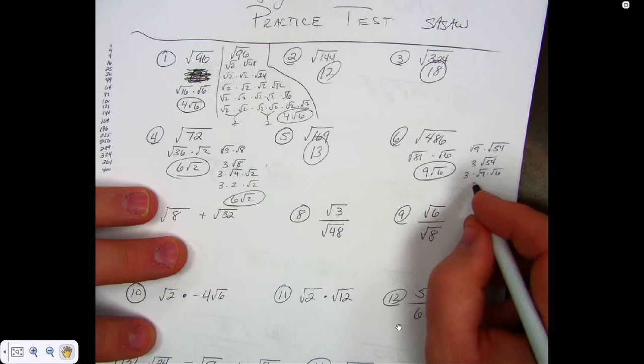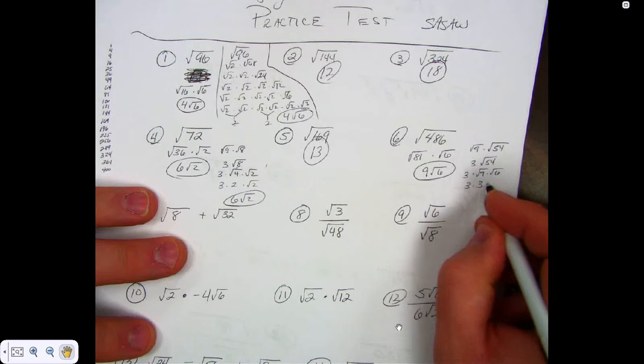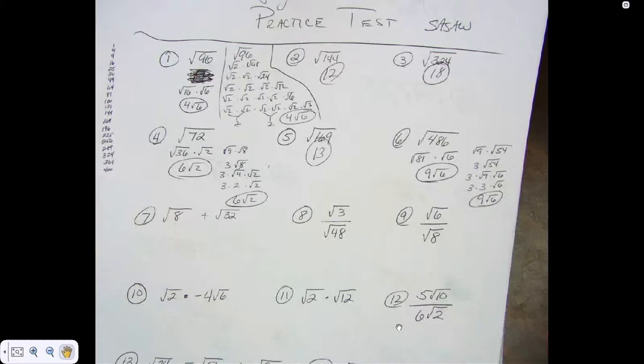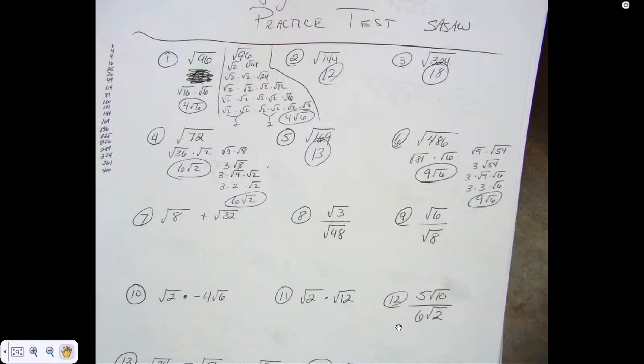Square root of 9 is 3, so 3 times 3 is what? 3 times square root of 6... 3 times 3 is 9. If it helps you to do it that way, to make sure you're right, keep breaking it down. There's nothing wrong with doing it that way. I do large numbers like that all the time because I'd rather just start splitting it up and get it as small as I can.